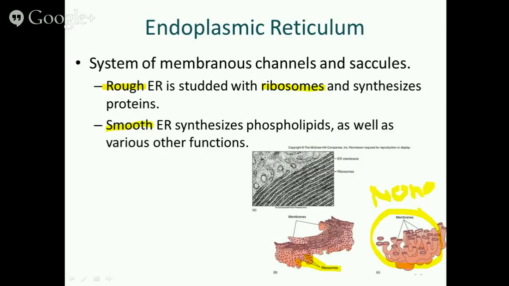We make lipids or fats. What do we need lipids for? For membranes, for our cell membrane, okay? For membranes of our organelles, they're all phospholipids. So the rough ER makes proteins, smooth ER makes lipids.